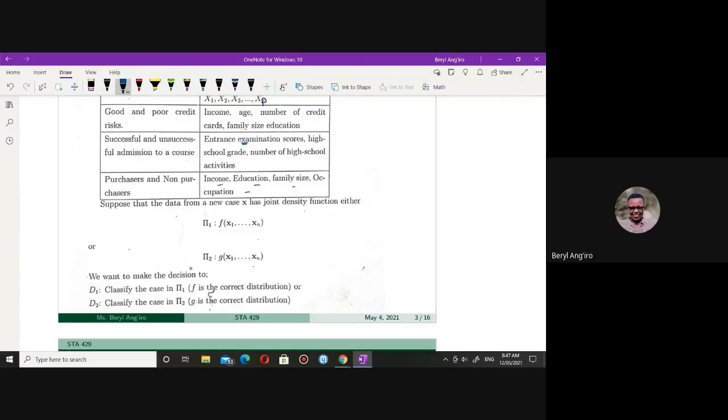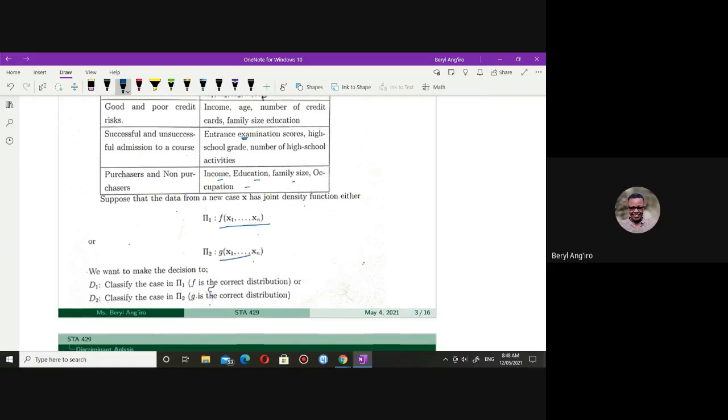So we want to make the decision D1 on whether to classify the case in population 1 or to classify the case in population 2. If we classify the case in population 1, then the correct joint distribution is given by f of x. Or if we classify the case in population 2, then the correct joint distribution is g of x.